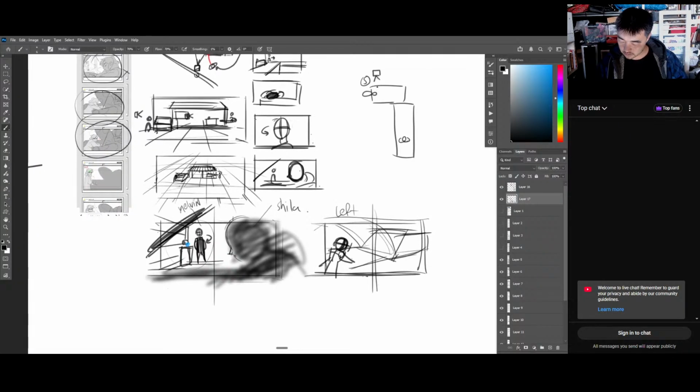Sheila is on the right, he's on the left. Well, there's two ways to fix it. One way is to move the camera more over here.